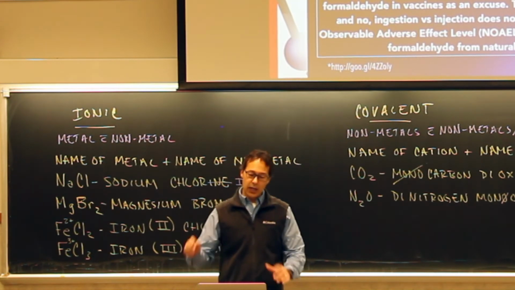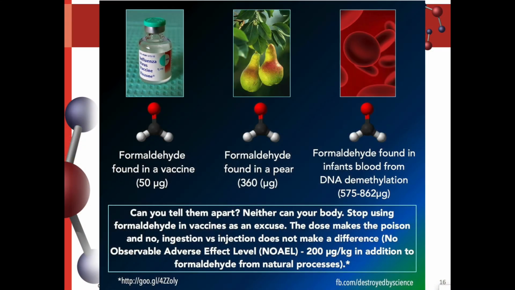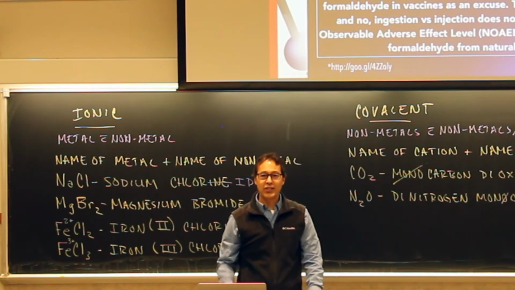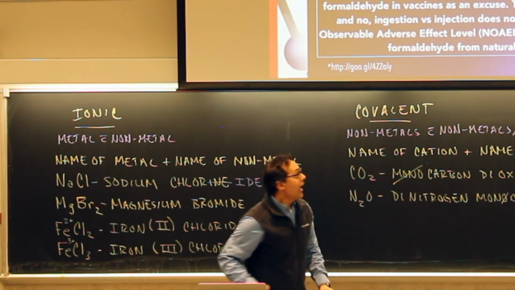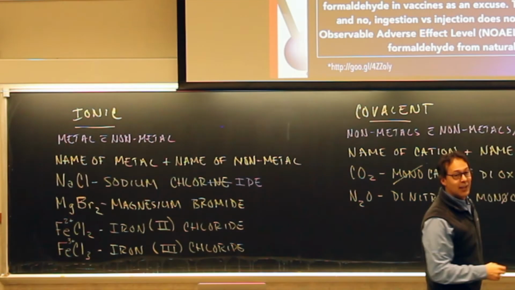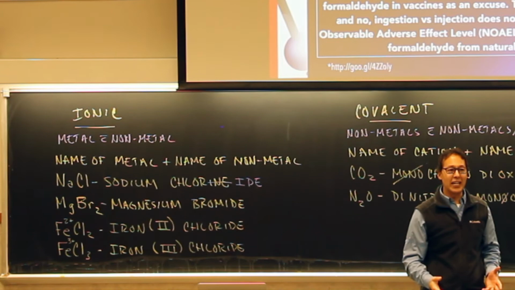Well, okay, but just for comparison, a pear bought at Whole Foods Co-op has 7 times more formaldehyde in it. 7 times. And a newborn child has roughly 10 times more formaldehyde in it.